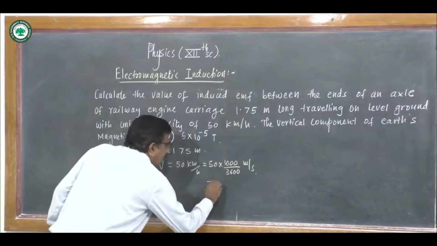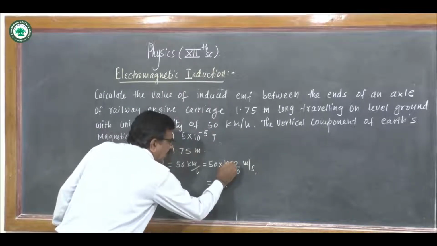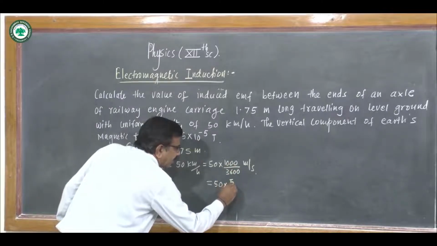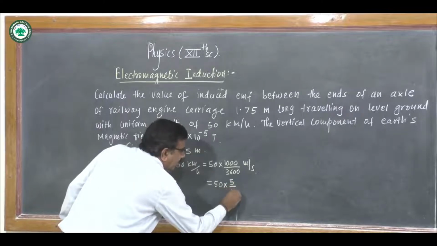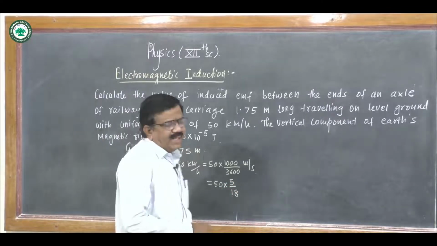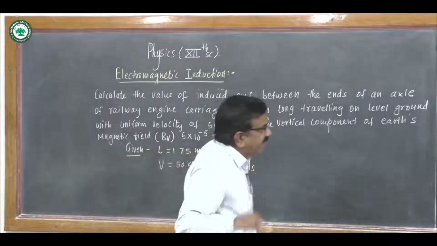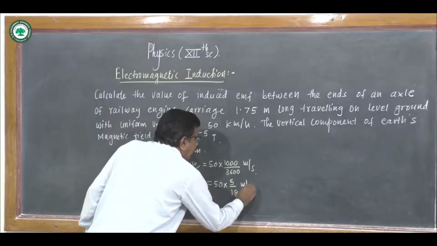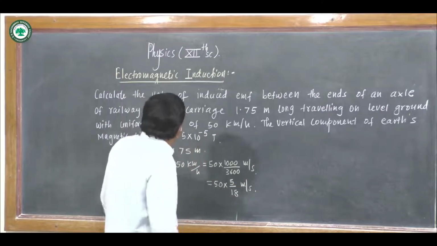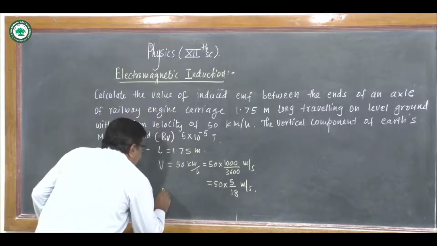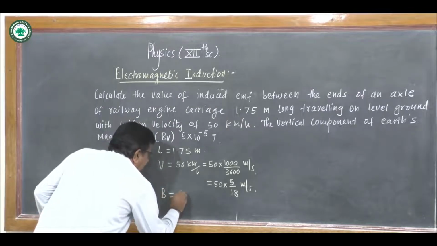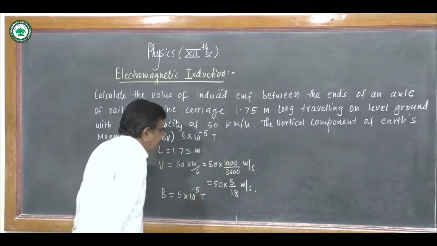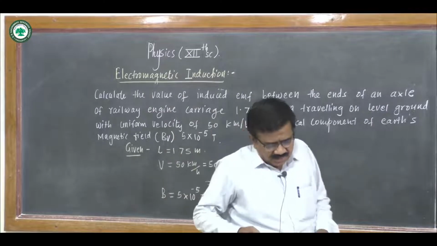That is 50 into 5 upon 18 meter per second, solving this. This is converted, and B is 5 into 10 raised to minus 5 Tesla, that is Weber per meter square.